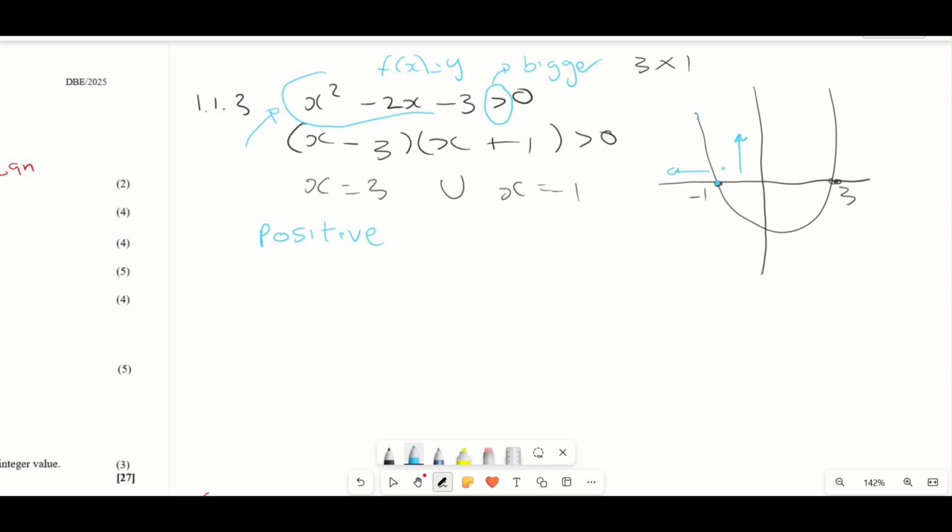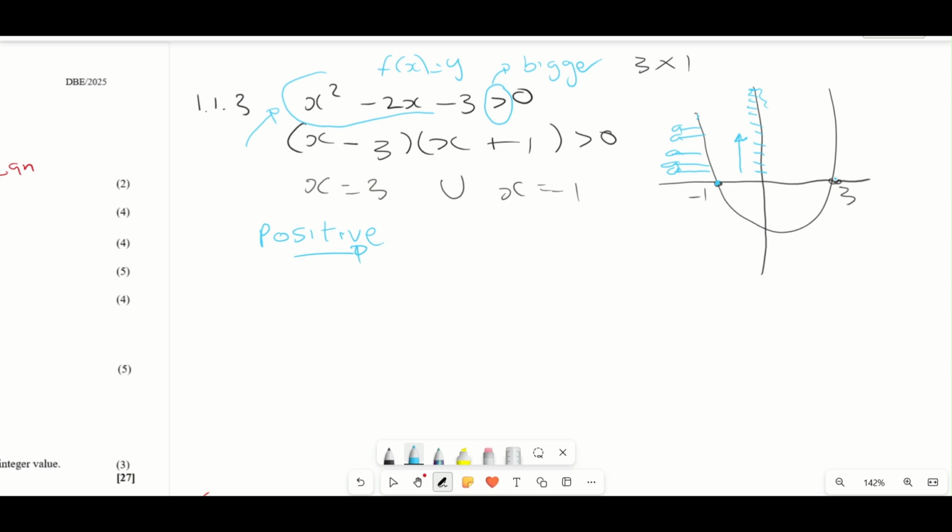Because they are above the x-axis, on this side of the y line, which is positive y. So these values of x on this side will produce a positive y value, and that's actually what we want.